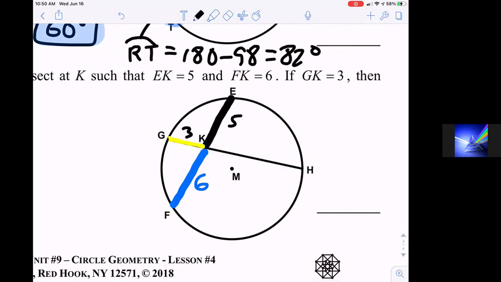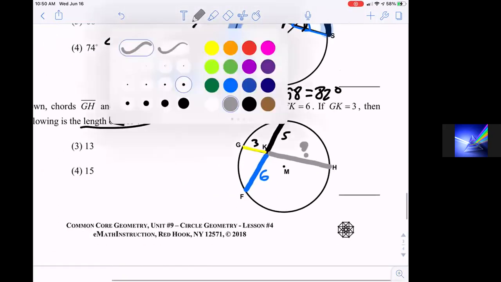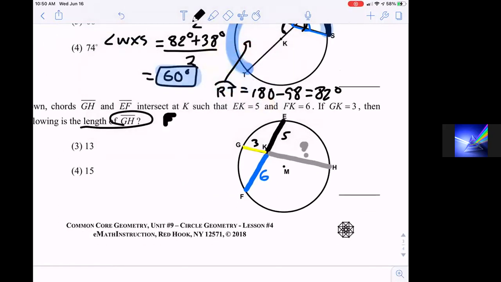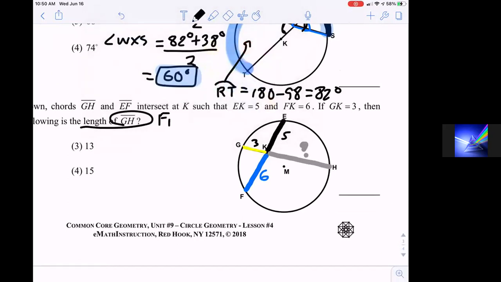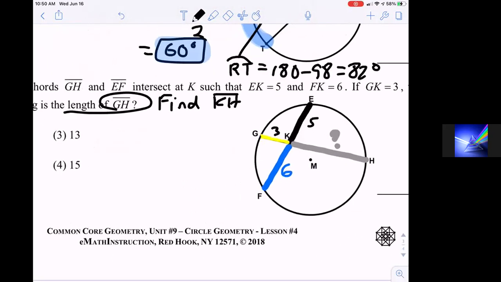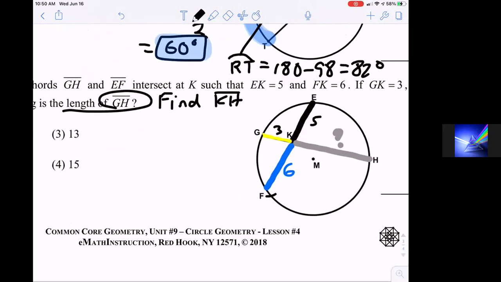Now, in order to do that, you're going to need to find the length of this gray segment KH. We got to find that first. We could do that by setting together the idea that this segment times this segment equals this segment times that segment.